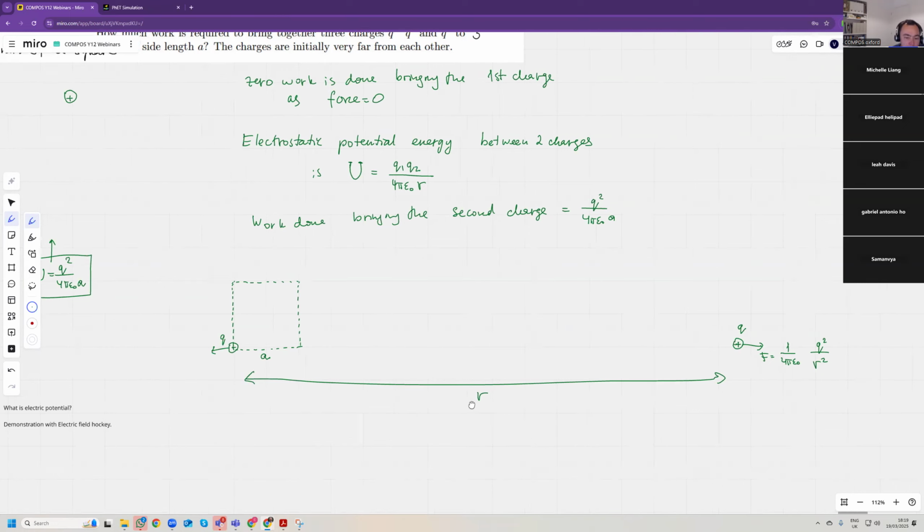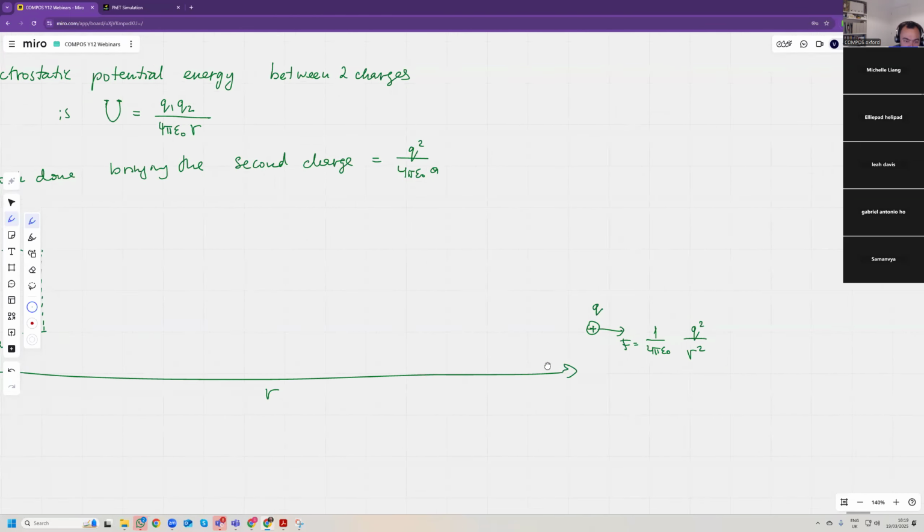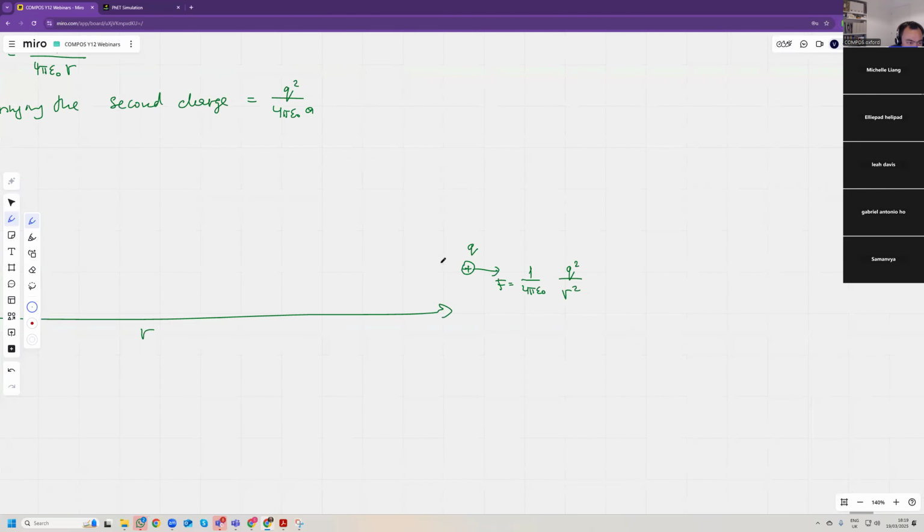And imagine this charge moves a small distance dr.